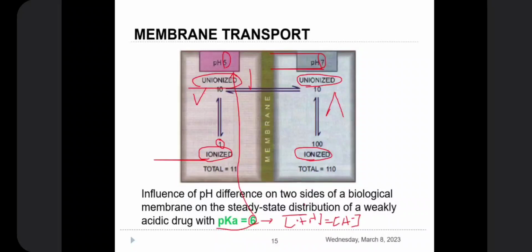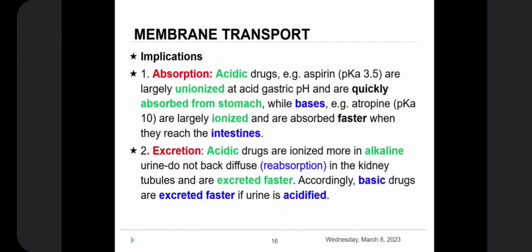So it is a little confusing, and I think you need to understand it more clearly. When we understand that, we can know the clinical implication of pH influence on the simple diffusion, especially the lipid diffusion.